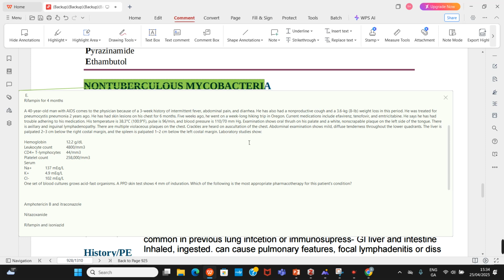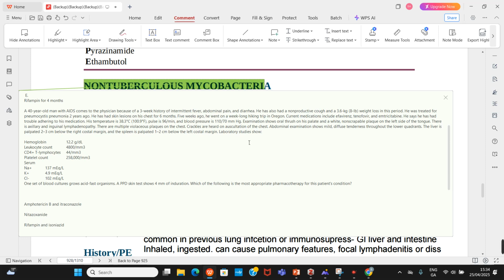Temperature is elevated, vitals are okay. Examination shows thrush on his palate with white non-scrapable plaque on the left side of the tongue. There's axillary and inguinal lymphadenopathy, multiple violaceous plaques on the chest. Crackles are heard on auscultation of the chest. Abdominal examination shows mild diffuse tenderness throughout the lower quadrant.